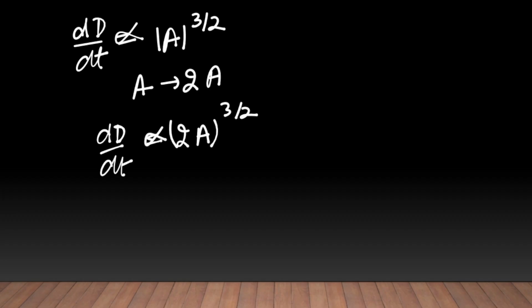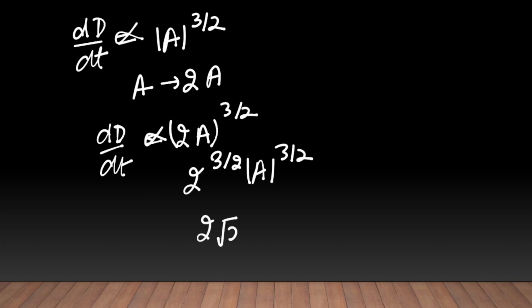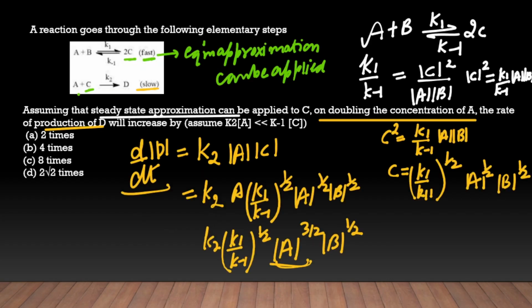So it is 2 raised to the power of 3 by 2 into A raised to the power of 3 by 2, which means the rate is becoming 2 root 2 times the previous rate. So d[D]/dt will become 2 root 2 times. So that means the correct answer in this case is option D, right?